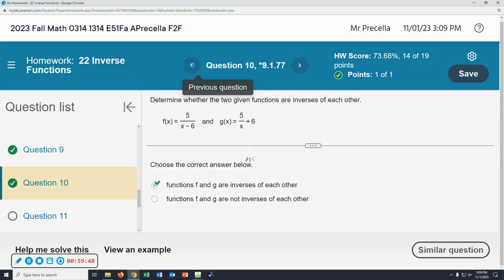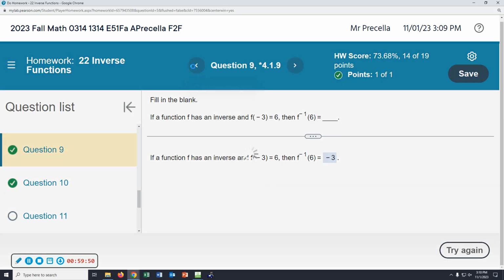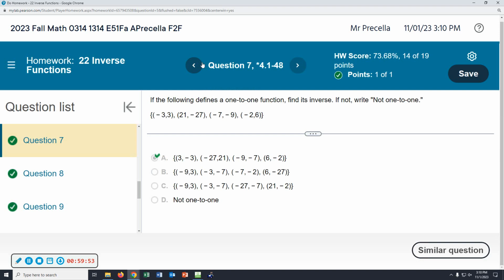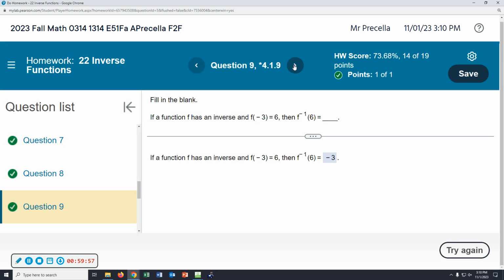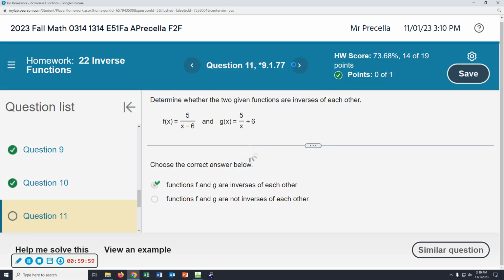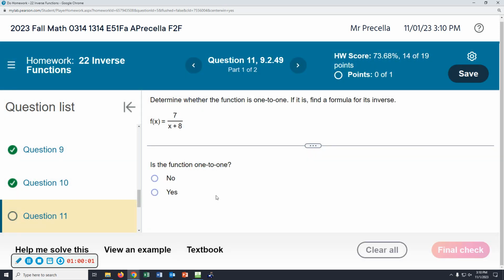Are there some other equations? I don't think we have other equations, well, like number 11. Let's look at number 11 and tell me, is it 1 to 1? If it's 1 to 1, they want us to find a formula for its inverse. If it's not 1 to 1, I haven't written out that recipe yet.